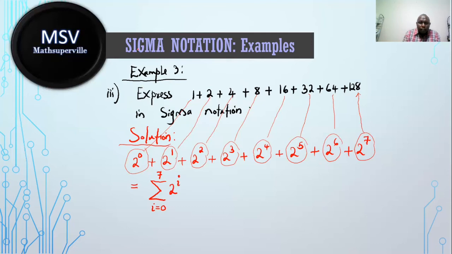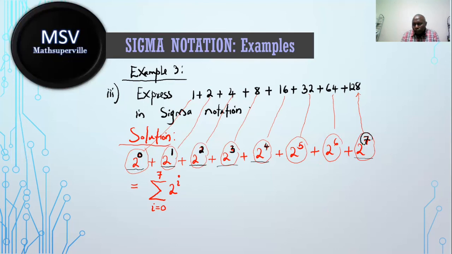You could think of each exponent as your i. When i is 0, you end up with the first one. When i is 1, you end up with the second one. When i is 2, you get to the third one, and then the fourth one, and then the fifth one, all the way to the seventh one.